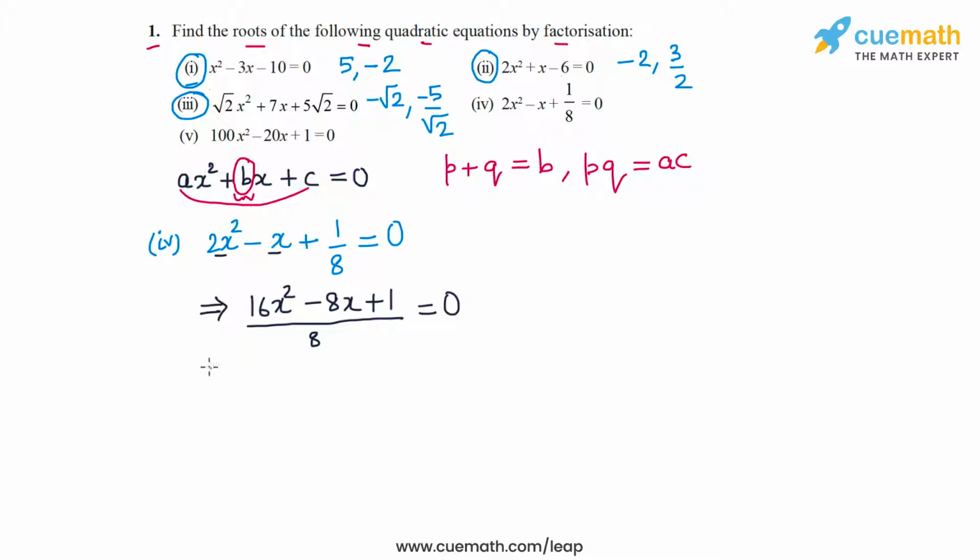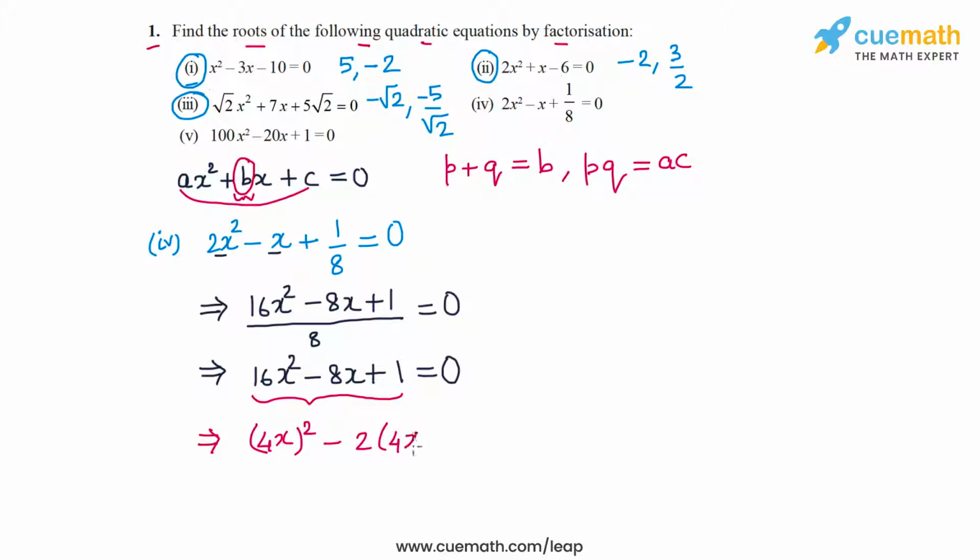And now if we cross multiply the 8, we will get 16x square minus 8x plus 1 equal to 0. Now what you can note from this quadratic expression 16x square minus 8x plus 1 is that it is a perfect square, because you can write this as 4x whole square minus 2 times 4x times 1, and then this last term 1 can be written as 1 square, and this is equal to 0.